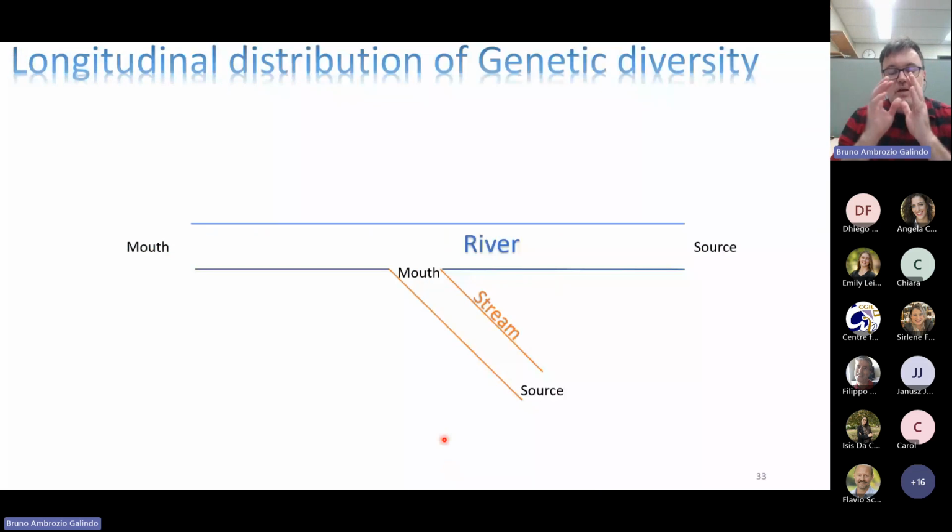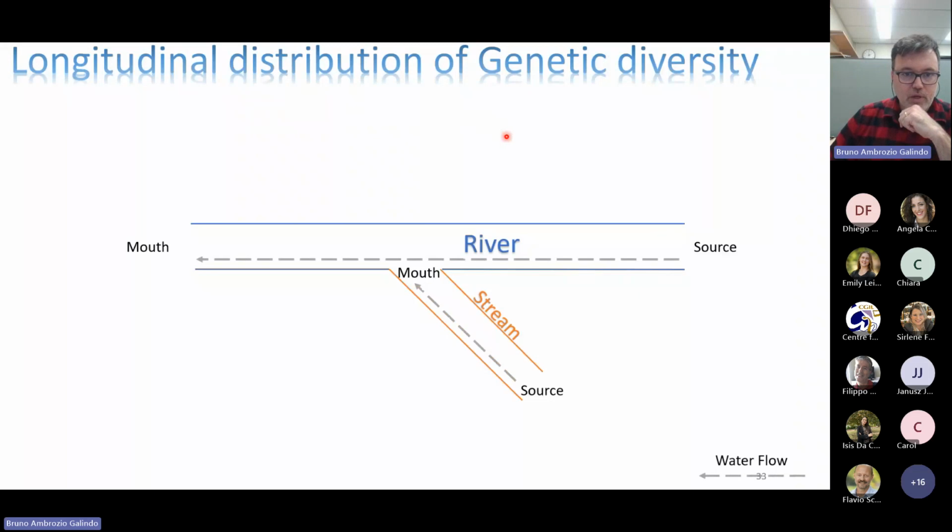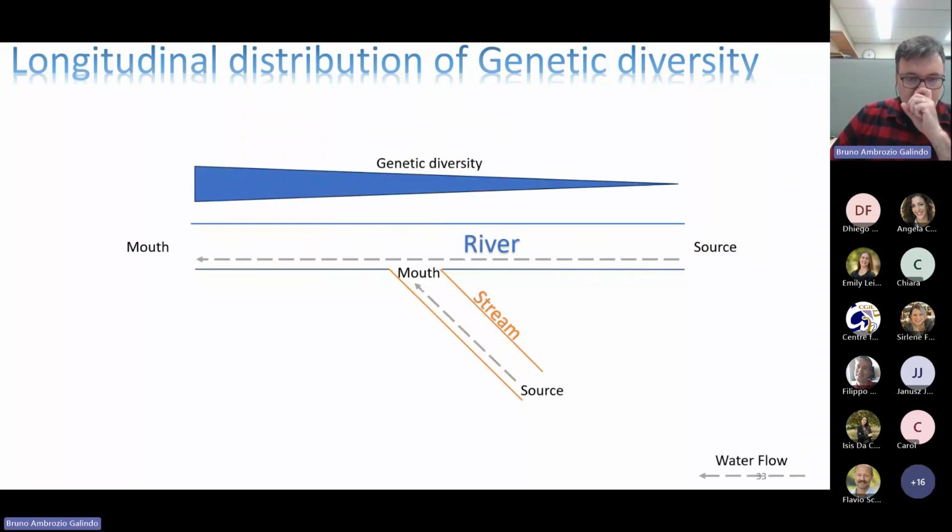And we also found an interesting pattern of longitudinal distribution of genetic diversity. So this is the water flow in the river and in a stream. And what we found was that the genetic diversity increased towards the mouth.